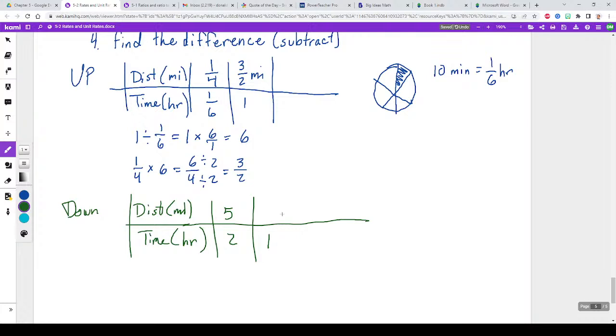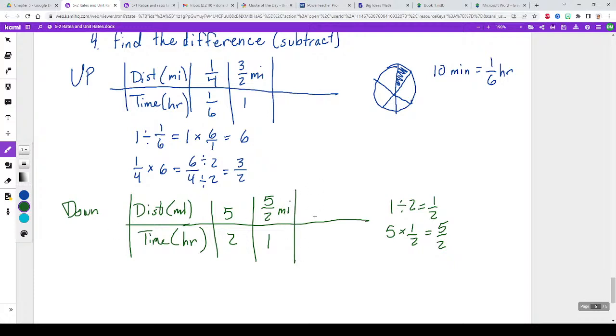Admittedly, you can get to 3 hours in a different way, but like I said, I want my unit rates. I have reasons for that. So we go 1 divided by 2, that's 1/2. Then we take 5 times 1/2, and that's 5/2. So we climb 5/2 of a mile in 1 hour going down.